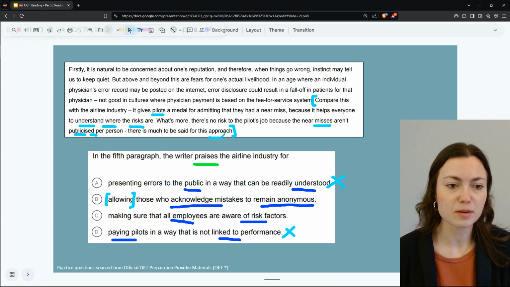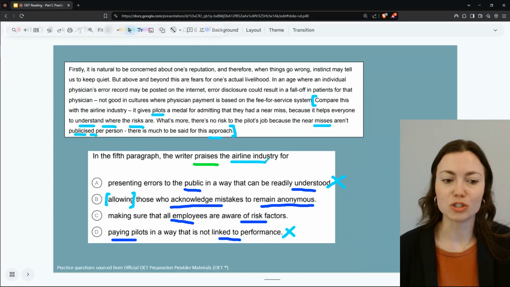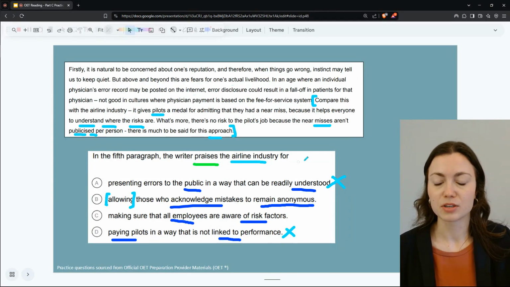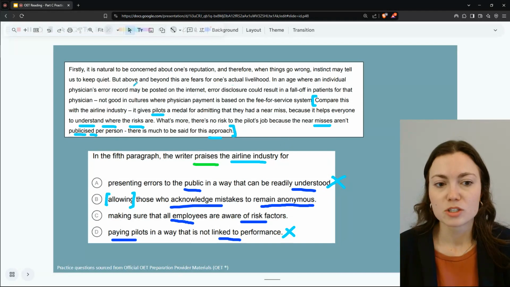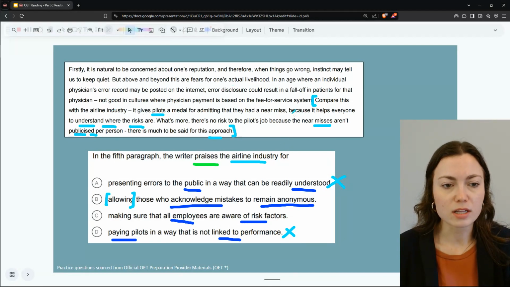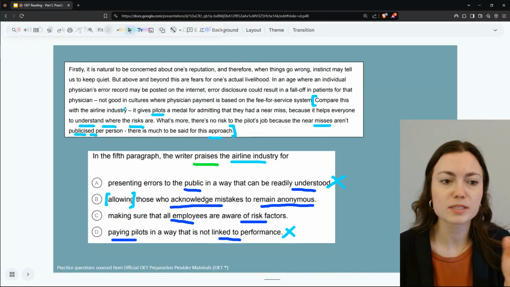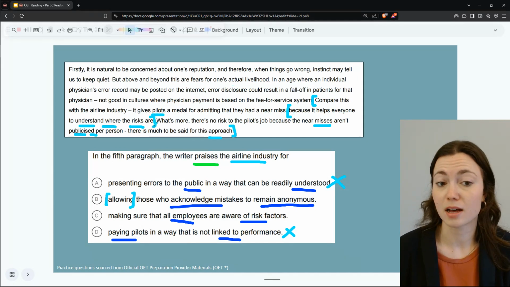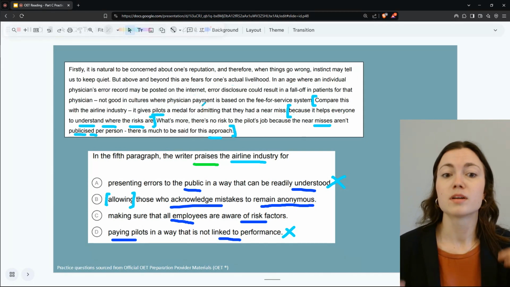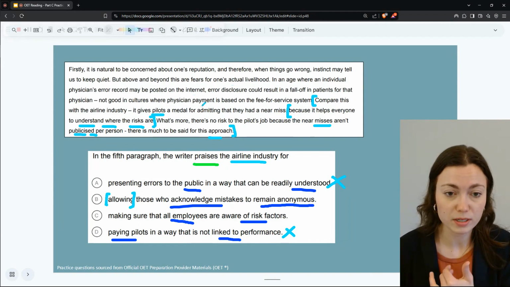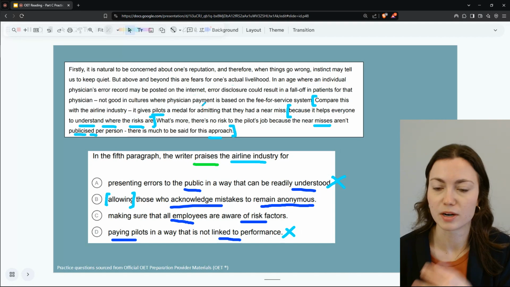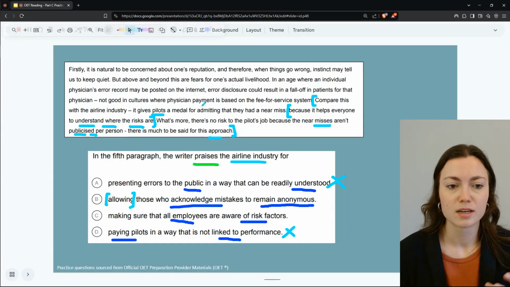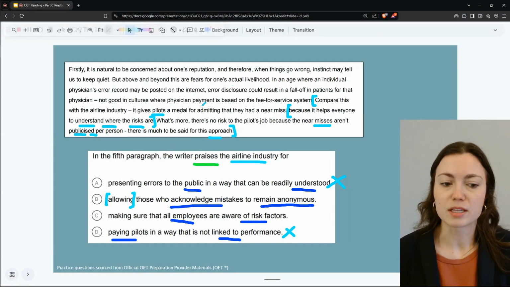So when you think of the approach, what is it that the airlines are actively doing versus what's the result? What we saw with the consequences and the risks, it helps everyone understand where the risks are. That's a result. That's a benefit that comes from allowing them to report and also giving them a medal. So allowing them to report these mistakes so that everyone can learn.